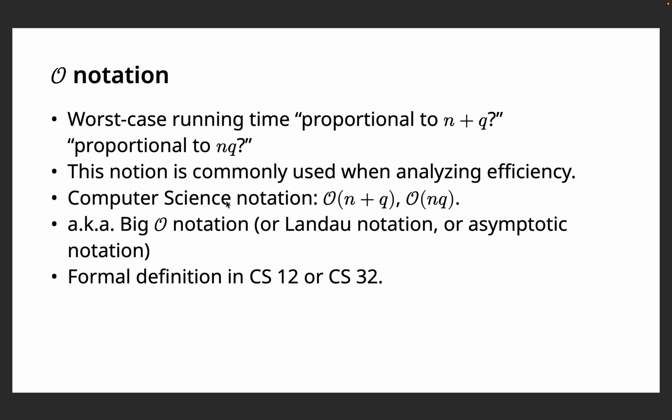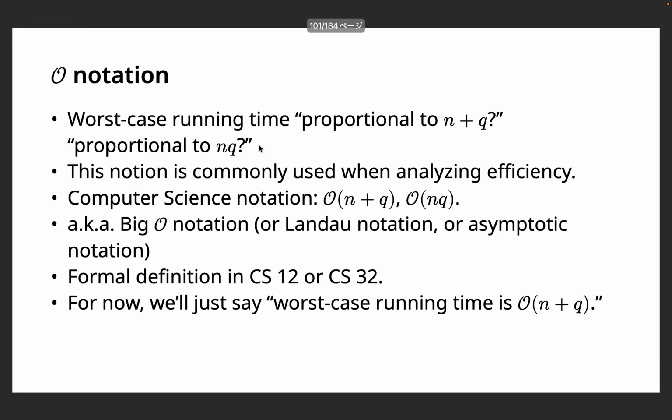This is the notation that we use to describe the efficiency of these functions. The formal definition, you will likely see in CS32. But for now, you can think of big O notation as: this function runs approximately as quickly as this function here, or this solution takes around this many steps. So that's what big O notation is. For our case in CS11, we'll usually say some algorithm has a worst case running time of around whatever function it's similar to.